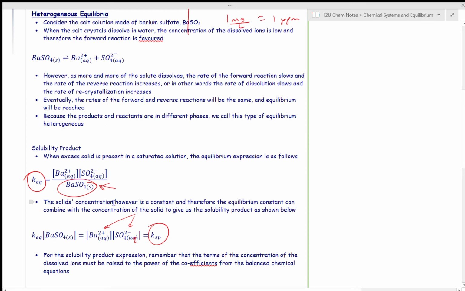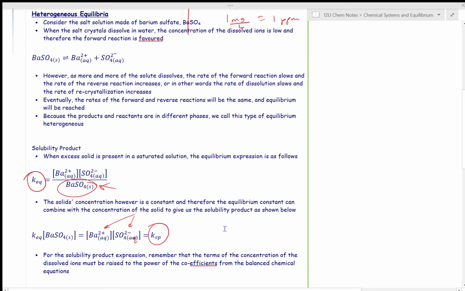And as a result, this denominator here is a constant. And so if this is a constant, and so is KEQ, if I bring the BaSO4 up, like I have right here, then I have a constant multiplied by a constant, which will produce a new constant. And that new constant is what we call KSP.